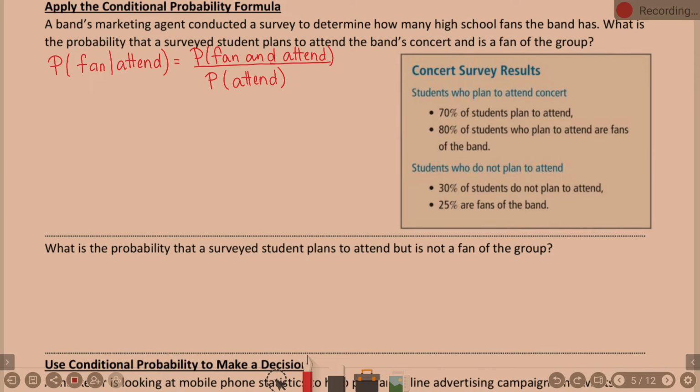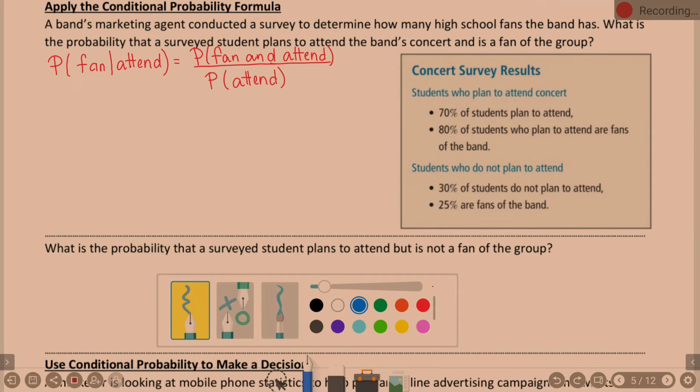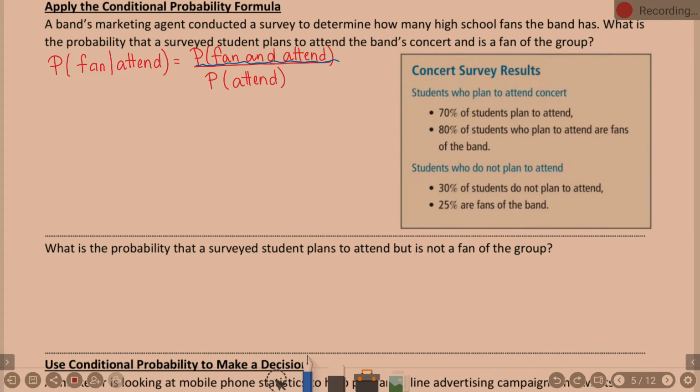Now, if you go and look at what is provided versus what we have to find, we want the probability that a surveyed student plans to attend and is a fan. What we are actually needing to find is this right here. Okay? We actually have this information provided. We're being asked to find that.